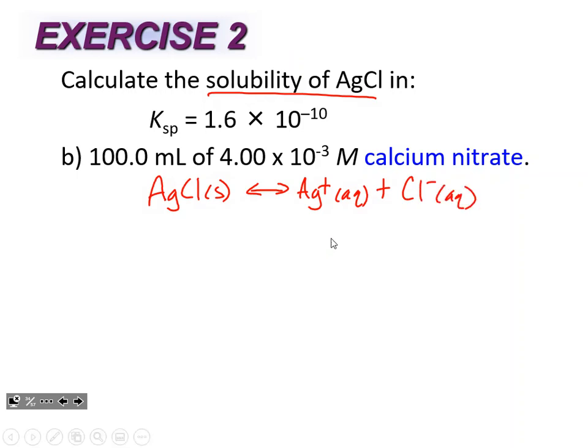All right. This is a 1-to-1, right? Molar ratio of ions being produced. So here, what else do I need to look at and consider before I begin?